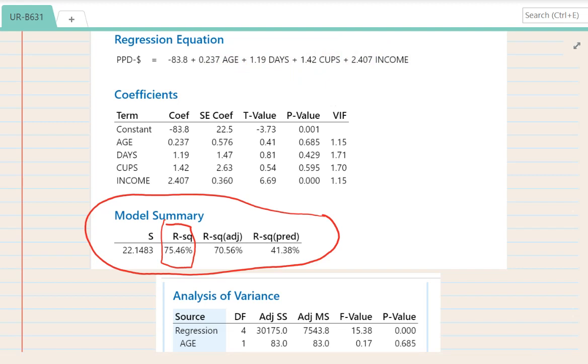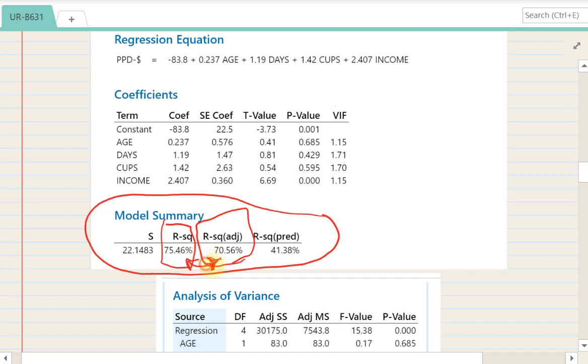Now, the other thing that is important here is this one, adjusted R squared. Remember, in the case of a simple first order model, we don't care about adjusted R squared because you only have one independent variable. But in multiple regression, what we like to see is that these two numbers should be close. So see how far off they are.